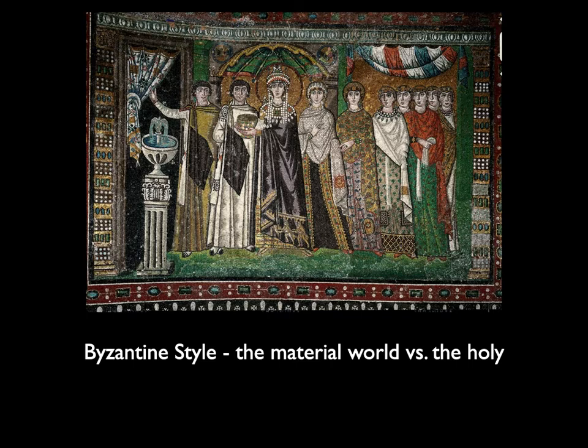Take, for instance, the linear perspective in this mosaic. If you look at that fountain, if you look at the side of the fountain, we're looking straight on, and then you look at the top of the fountain, we're looking down at it. It's almost like this cubist amalgamation of different points of view at one time. And it could never exist like that in real life, in the physical world, in the material world. The figures themselves are outlined, and you see this kind of glow around their feet. It's almost as if they're hovering.